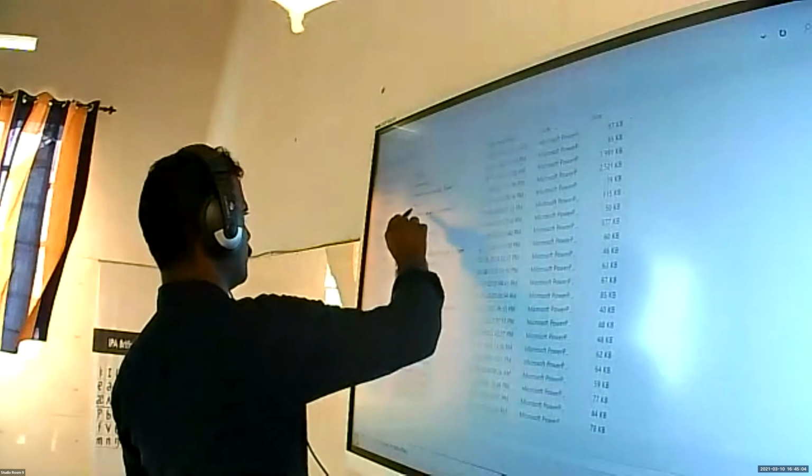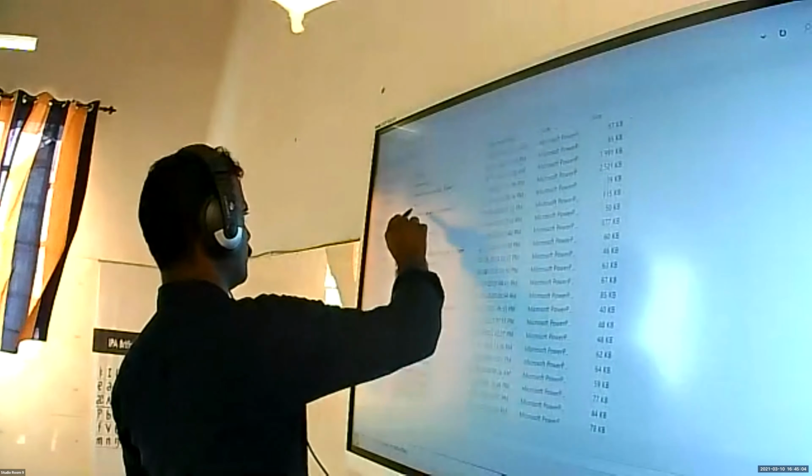Now, you have to look at the opening balance sheet. First one, cash.